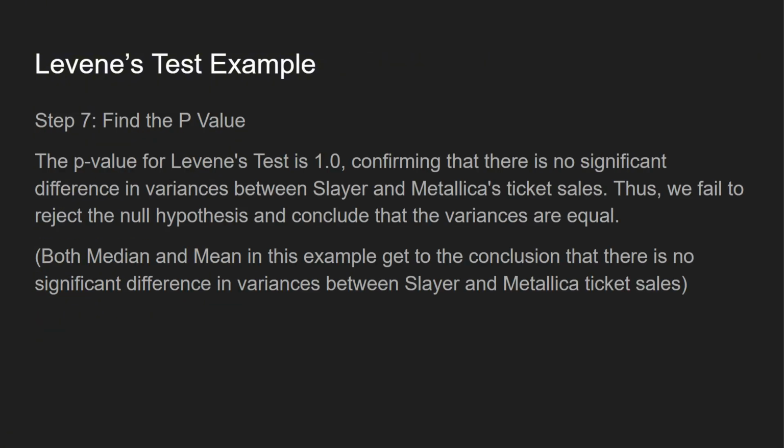Now what we have to do is find our p-value, and we find our p-value is going to be 1. Which confirms that there's no significant difference in variances between Slayer and Metallica ticket sales. Thus, we fail to reject the null hypothesis, concluding the variances are equal. I ran this for both median and mean for this example, and they both come to the same conclusion, that there's no difference in the variances between the Slayer and Metallica ticket sales.